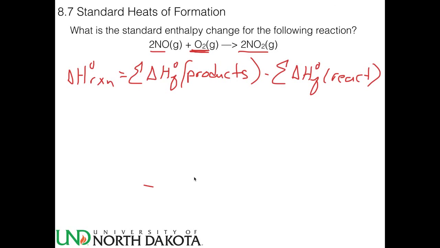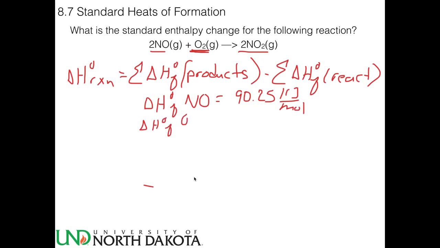So I found these values. The delta H naught sub F for NO equals 90.25 kilojoules per mole. The delta H naught sub F for O2 is 0 kilojoules per mole because it's in its standard state.